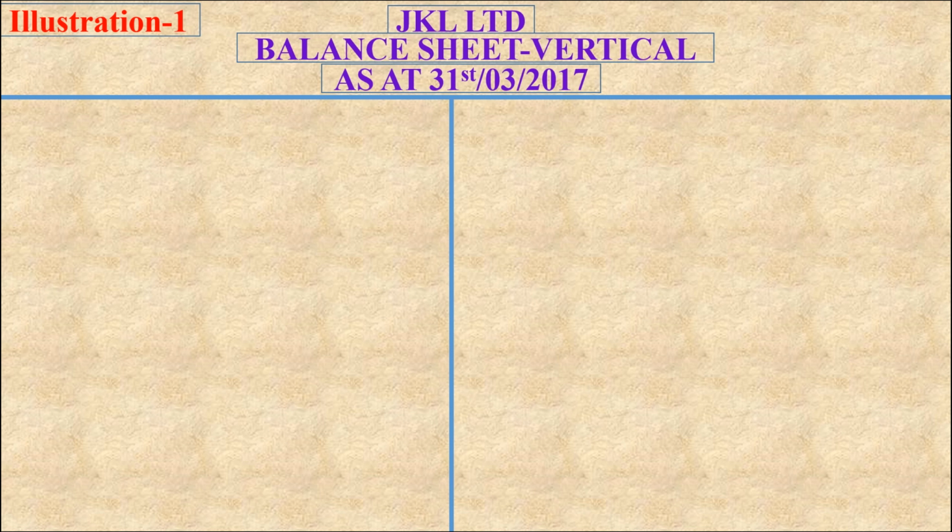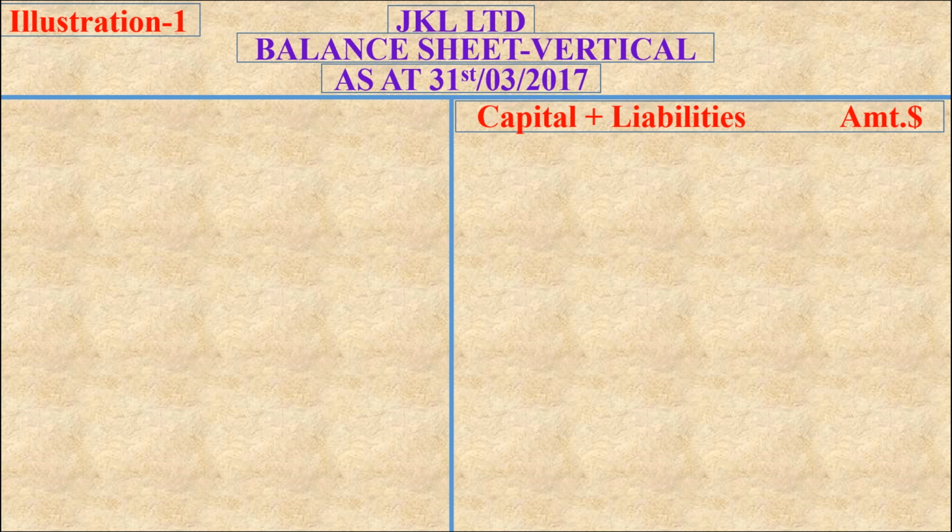So there we go. We have got capital plus liabilities and an amount column, whereby in our case, we are considering US dollar as far as the figures are concerned. Then again, on the left-hand side, we have what is being financed, and that is non-current assets.